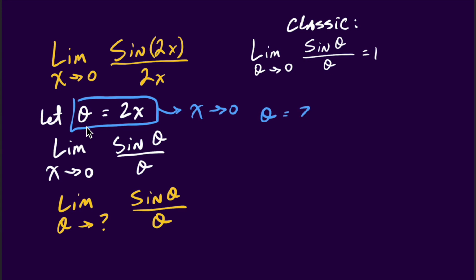Theta approaches 2 times 0, which equals 0. So we see that this does not change. Theta approaches 0, sine of theta over theta. This matches our classic limit, therefore it holds.